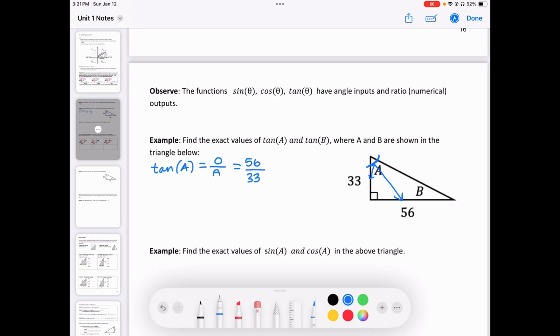If we're interested in tangent of B, let me erase so that I can show you what that looks like. We're going to work here. We're going to go opposite 33 over adjacent 56.